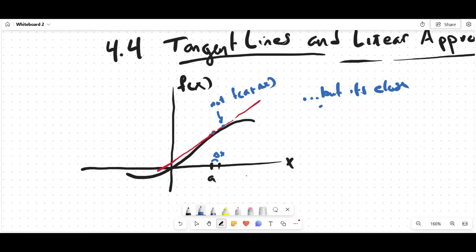And I'll put in parentheses here, this is not really what we're getting into right now, but if you know what a Taylor series is, you can get really close, right? You can get very, very close without ever actually knowing what the value of the function is.